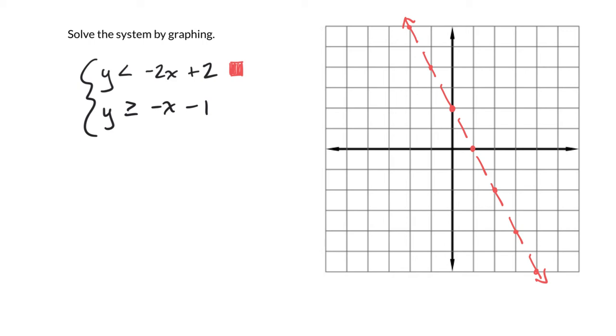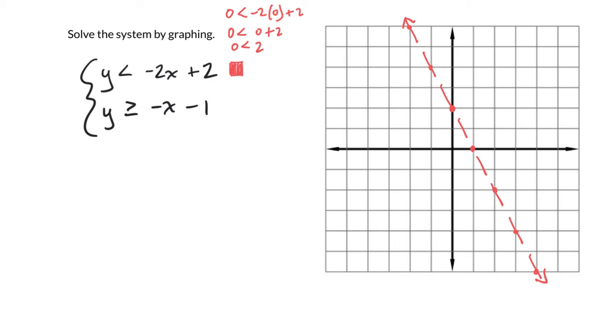Okay, so we can check to see which side we're going to shade. By plugging in, we could plug in 0, 0. So if I take this and I plug in 0, 0 up here, this is going to be 0 is less than negative 2 times 0 plus 2. So 0 less than, that's going to be 0 plus 2. So 0 is less than 2.